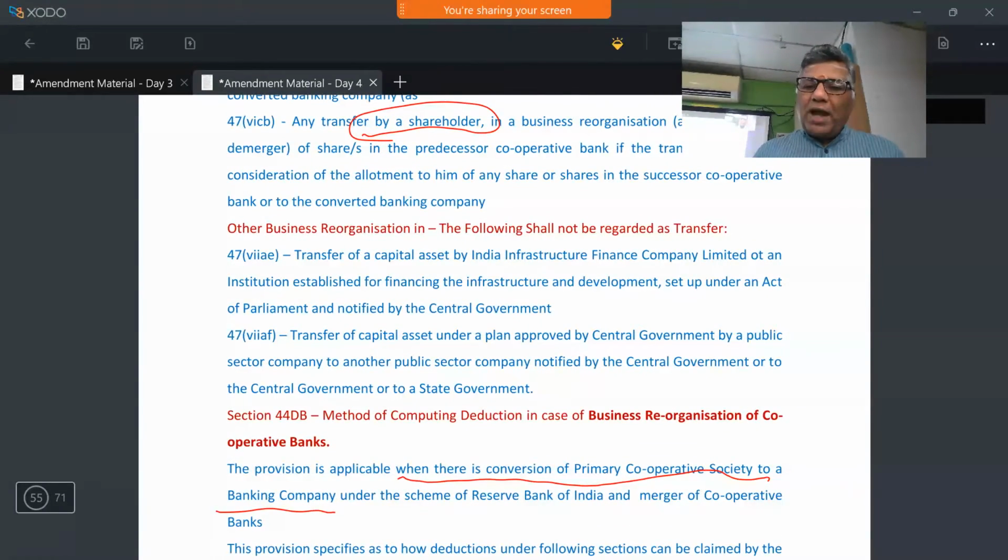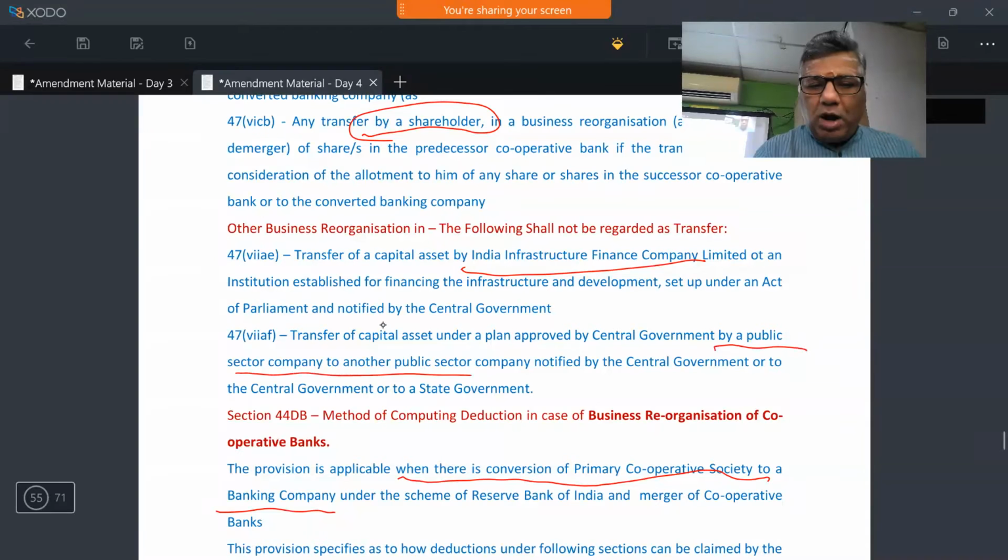Transfer of capital asset by Indian Infrastructure Finance Company Limited to an institution for financing infrastructure and development. Transfer of capital asset by a plan approved by the central government by a public sector company to another public sector company, mainly for Life Insurance Corporation. They have brought it because this investment has started. Okay, so this is one thing with regard to capital gains.